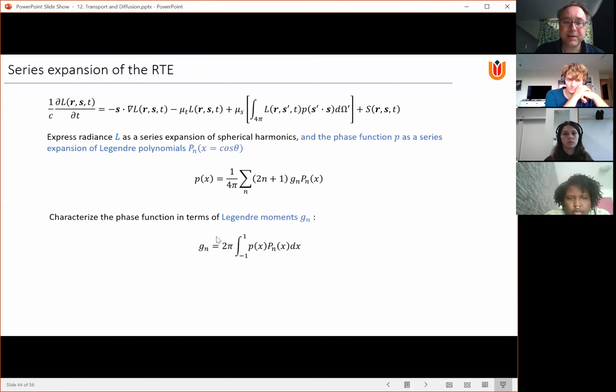You multiply the phase function with the polynomial of order n, and then you calculate this overlap integral, and that gives you the coefficients. So the expansion of the phase function in terms of these Legendre polynomials is pretty straightforward.